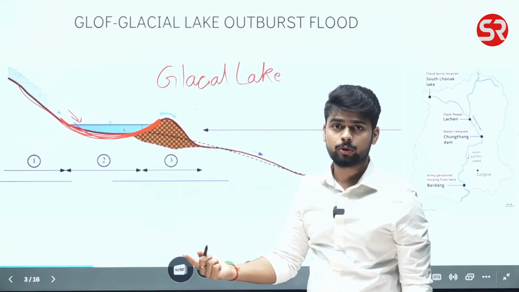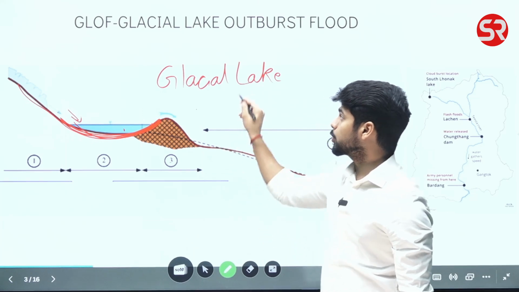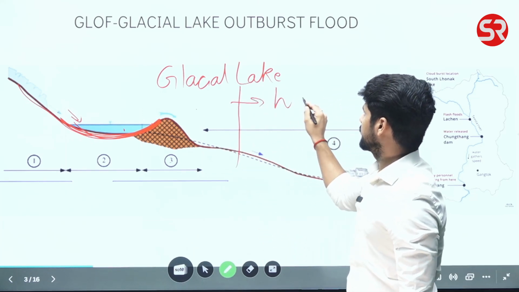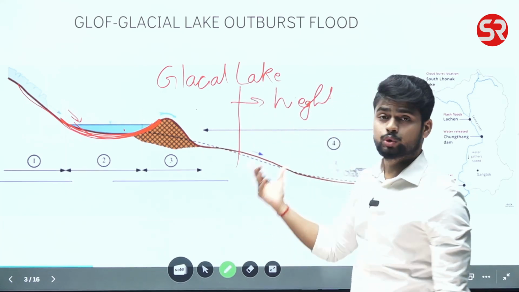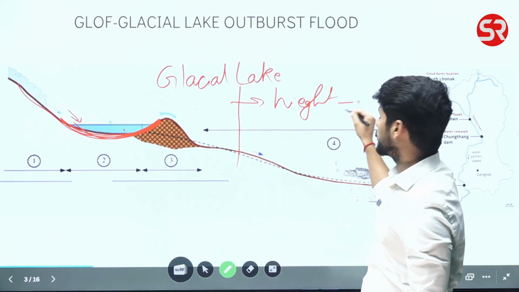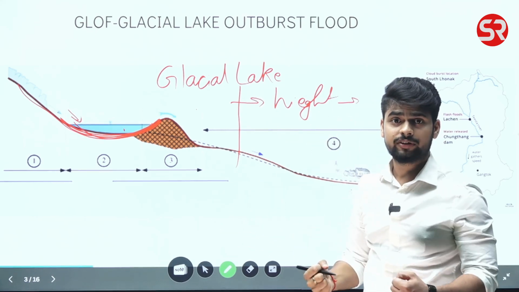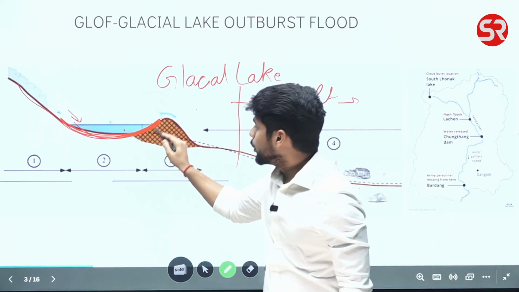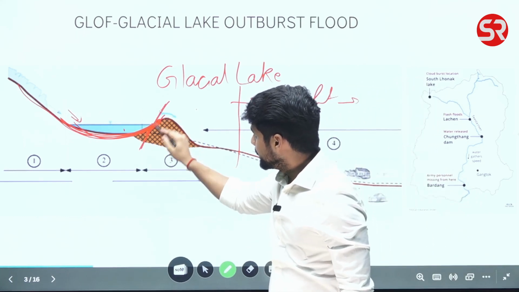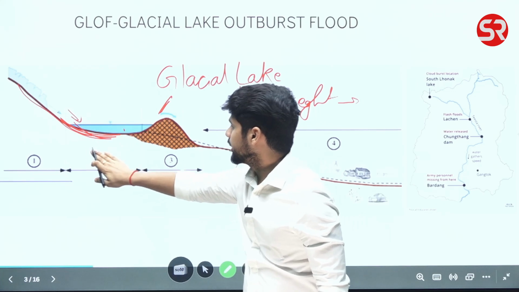Now what is important about a glacial lake is, number one, it is at a good height. That means it will have good potential energy, a huge amount of energy. Second, it is bounded, but the barrier which is containing this water is fragile.